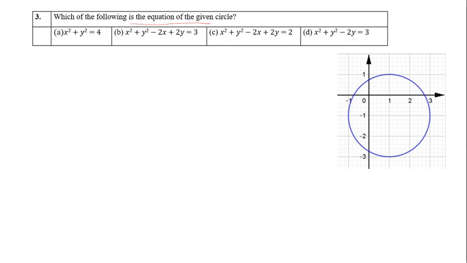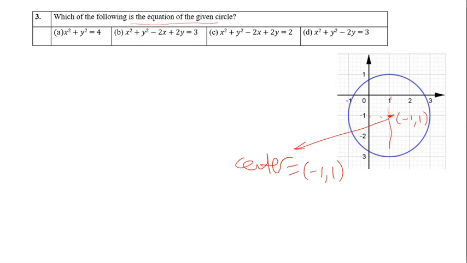Which of the following is the equation of the circle? This time the circle is given to us, and we need the radius and the center. For this circle, the center is clearly here. It corresponds to minus 1, 1.